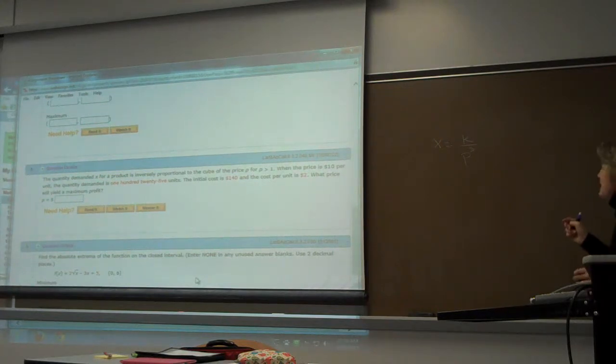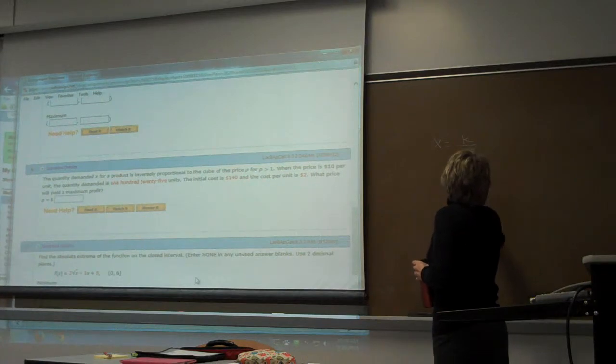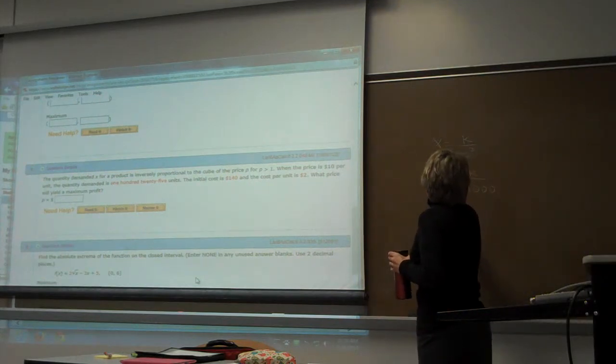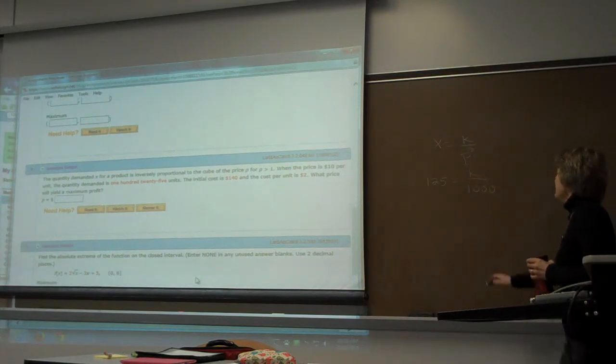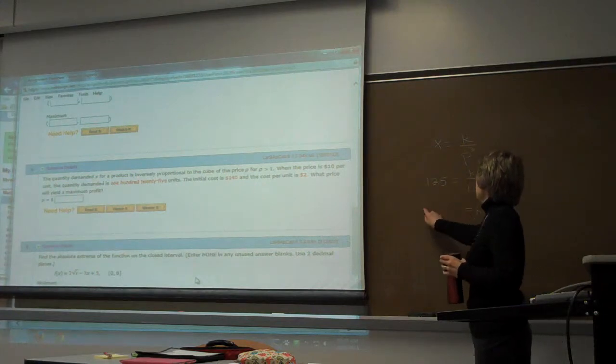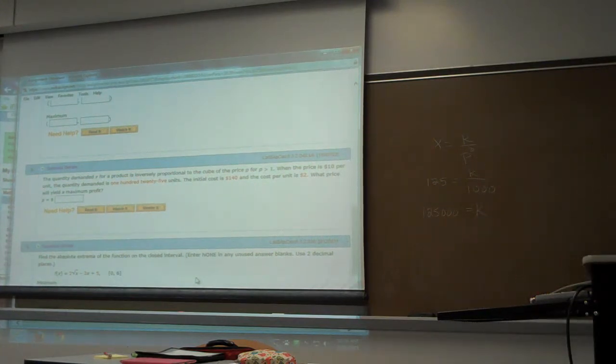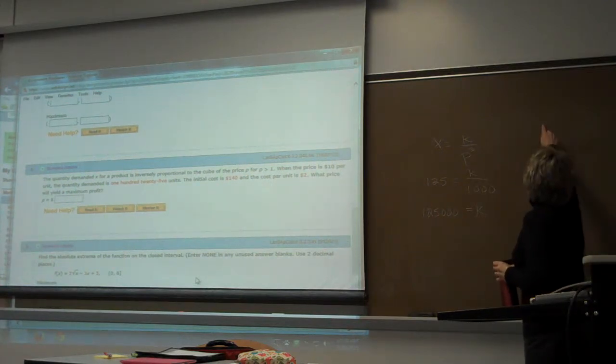When the price is 10, so p cubed is 1,000, the quantity demanded is 125. That helps me figure out what k is, 125,000. So now I know what the demand function is.